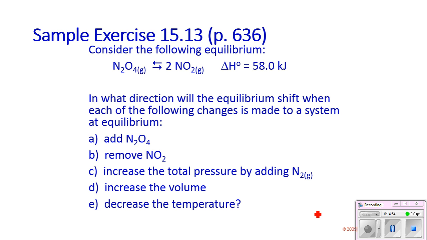And E, if we decrease the temperature. So think about this. Where is the heat? Okay, this is an endothermic reaction, so that means that heat has to be part of your reactants over here.